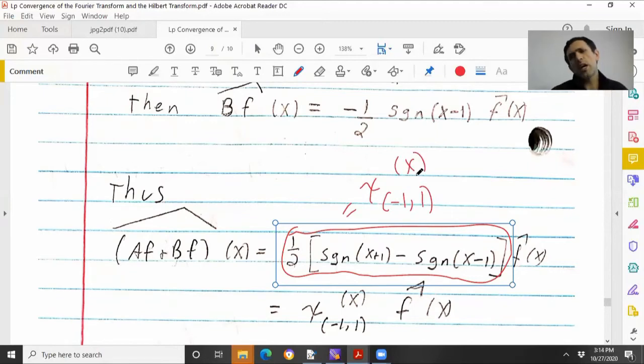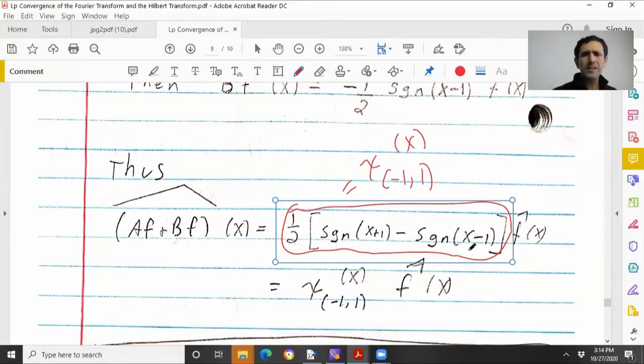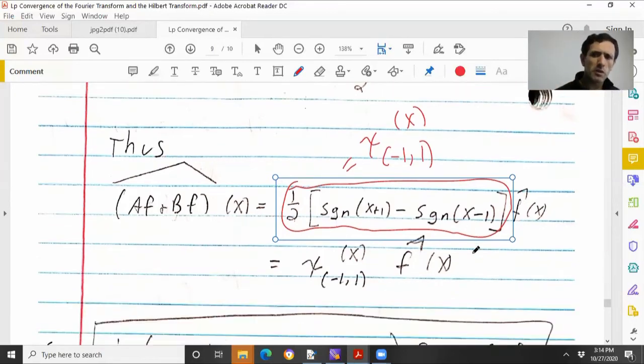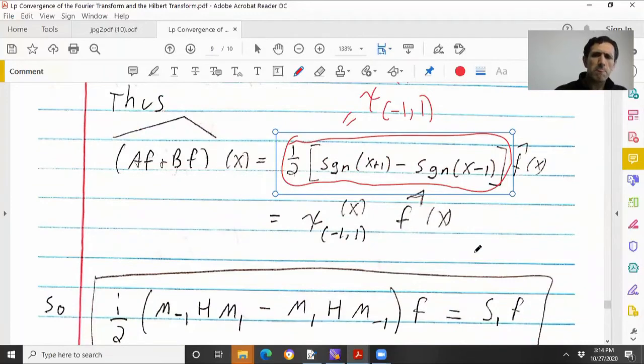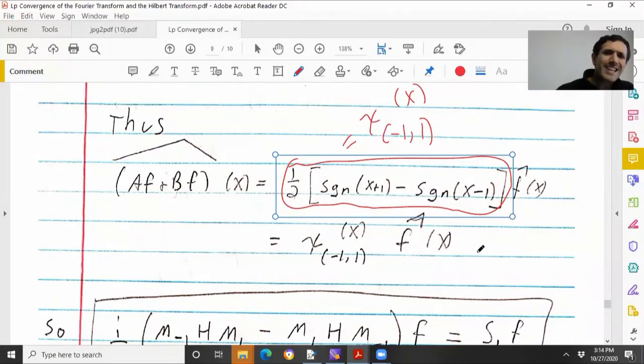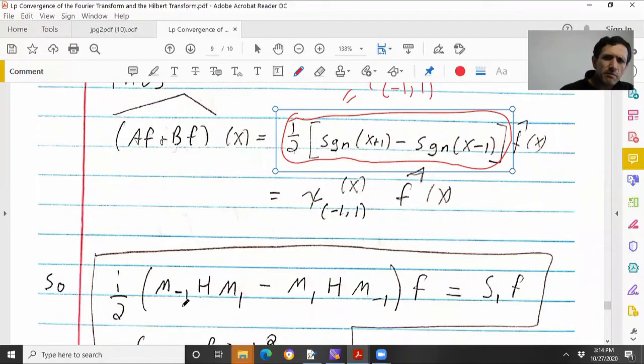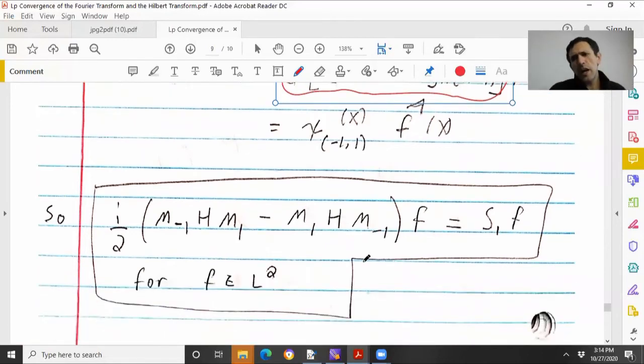And that's just literally checking the three different cases: x is less than or equal to minus 1, x is between minus 1 and 1, x is bigger or equal to 1. Okay? Now, if we take the inverse Fourier transform, we get exactly that. S1 of f is given by this operator here, at least for f in L2.